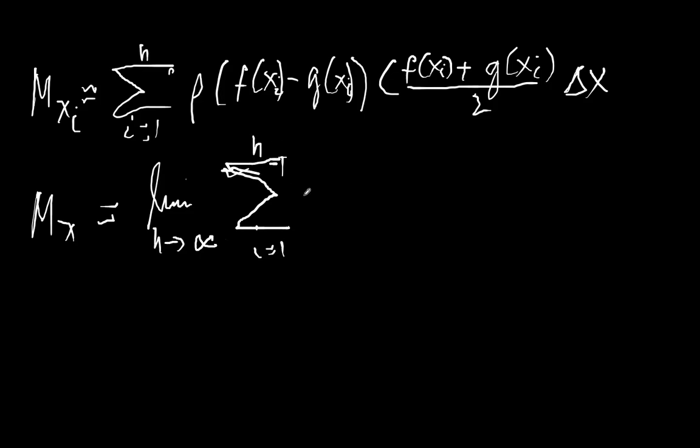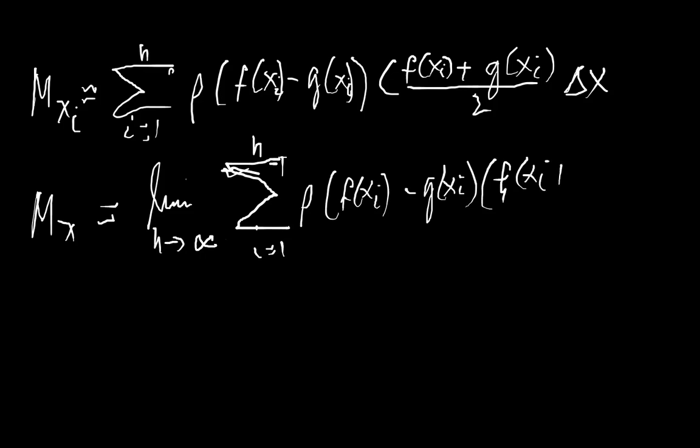So that's the limit as n goes to infinity of the sum of rho times f of x sub i minus g of x sub i, times f of x sub i plus g of x sub i all over 2, delta x.